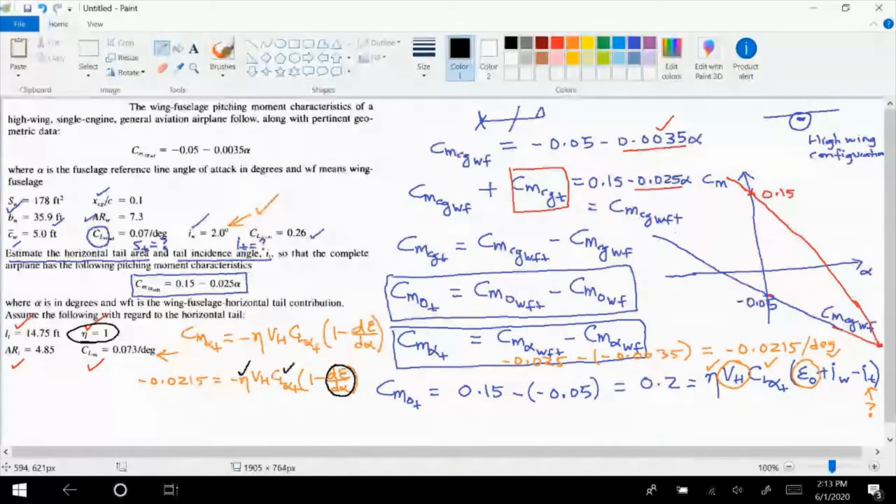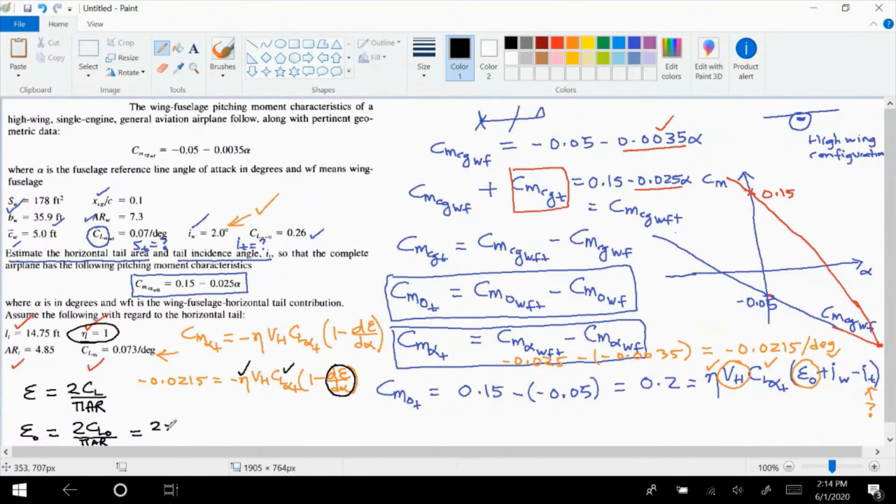So if you go back to what we have written today, you know that this downwash is equal to 2Cl divided by pi AR. We already stated this today. Now this downwash at zero angle of attack is equal to 2 times Cl at zero angle of attack divided by pi times AR, the aspect ratio of the wing and the lift coefficient of the wing.